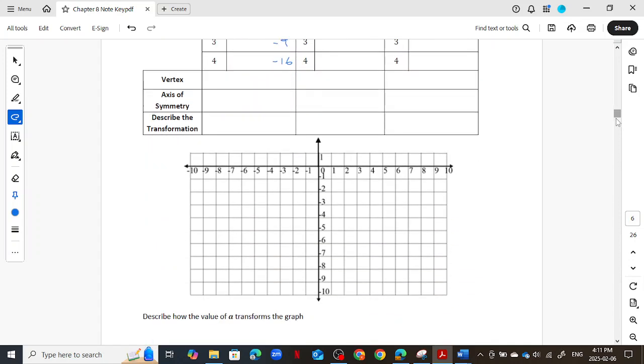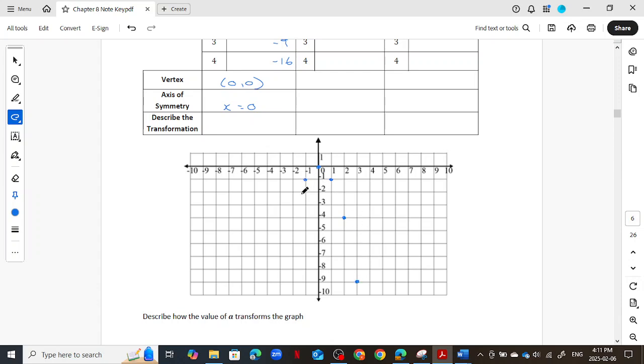But let's graph it. We've got a vertex at 0, 0 for this graph. Axis of symmetry is x is equal to 0 because the a value doesn't affect the vertex or the axis of symmetry. But this graph is going to go over 1, down 1, over 2, down 4, over 3, down 9.